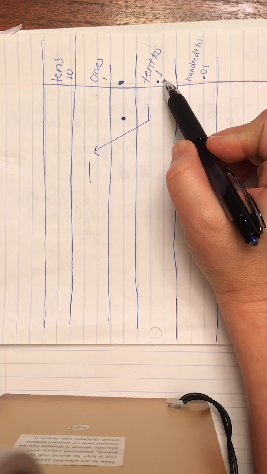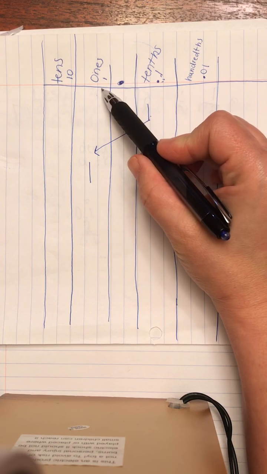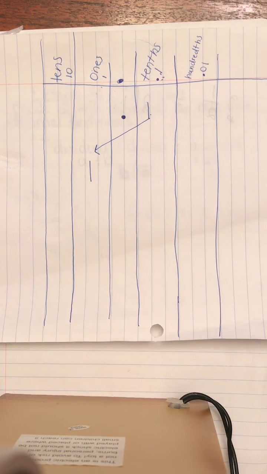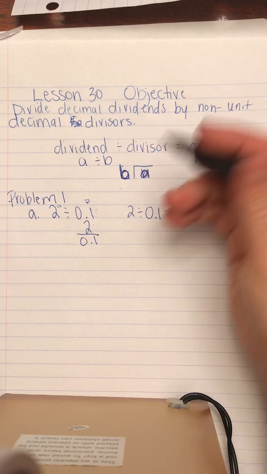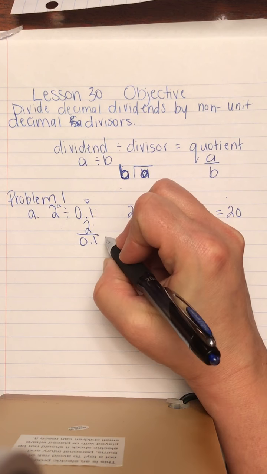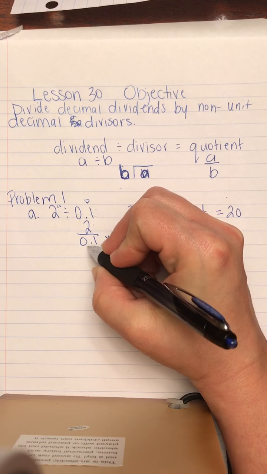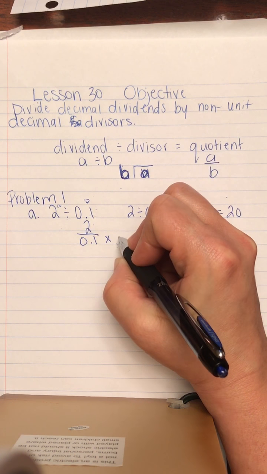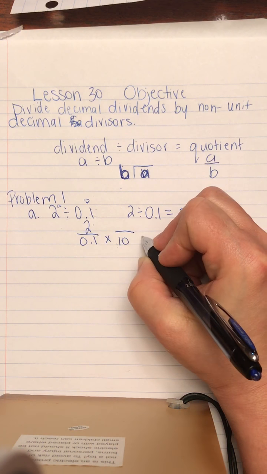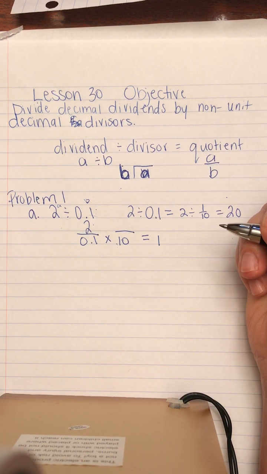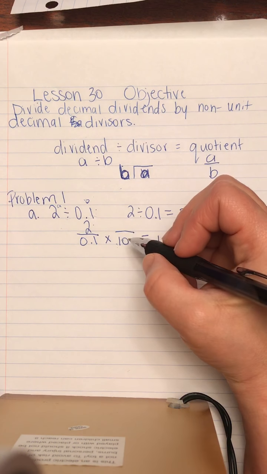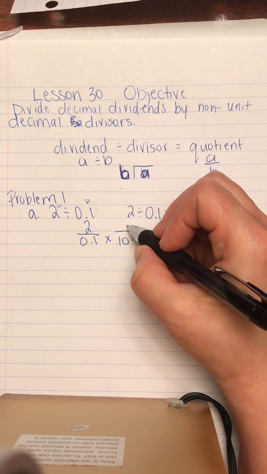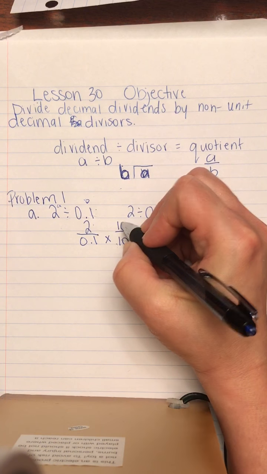So it went from 0.1 or 1/10 to now 1 whole. And so when we think about what that means, it means that if I take this value here, no matter what this value is going to be in my denominator, and I multiply it by 10, I'm going to get 1 as my denominator now. But we've also learned that what you do to the bottom, you have to do to the top. So we're creating an equivalent fraction here.